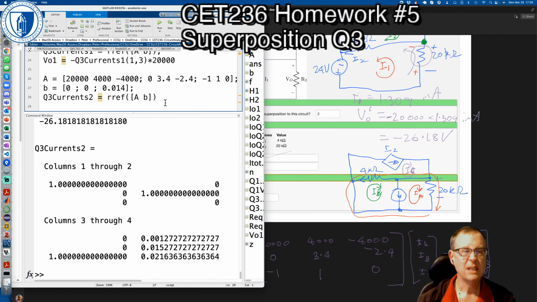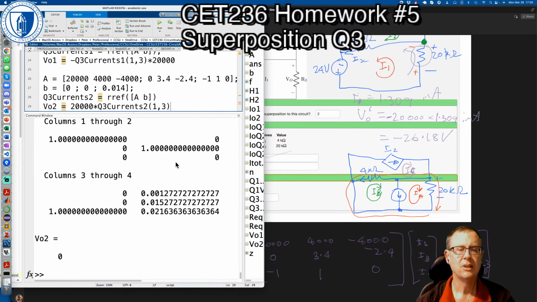Right, so our V out 2 is going to be 20,000 times IA. Now, because we've got the polarity right with the current through the 20k resistor this time, we don't need to negate it. So it's going to be Q3 currents 2, and we want IA, which is going to be 1,3. Let's see what that gives us. Ooh, that's not quite right.